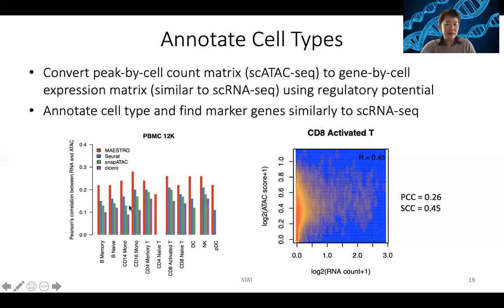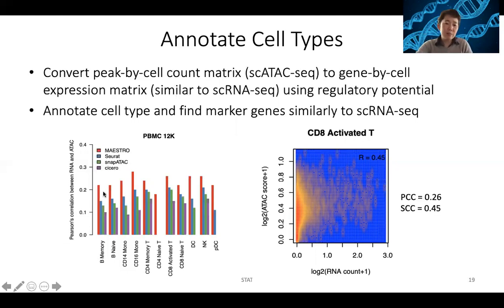But when you look at, after you have the cluster, what is the gene measure they have on the cell in the single cell RNA-seq versus single cell ATAC-seq, and you ask whether the ATAC-seq gene measure agrees with the RNA-seq, you can see actually Maestro gives the best correlations between the ATAC-seq measured gene by gene measure versus the RNA-seq measured gene by gene measure on the same cell cluster.